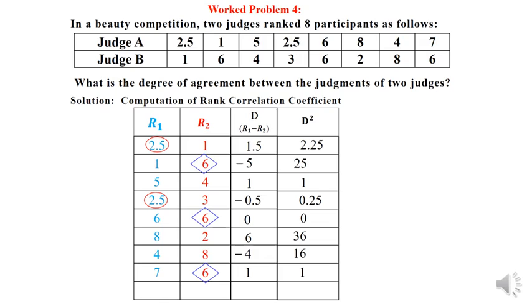Now sum up these d square values to find summation d square as 81.5.